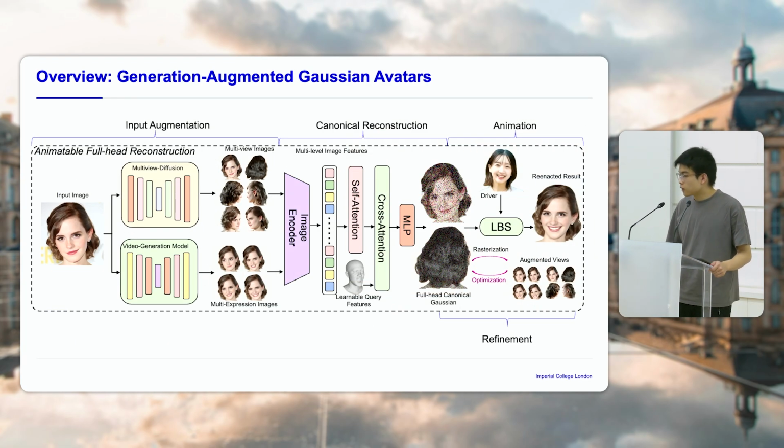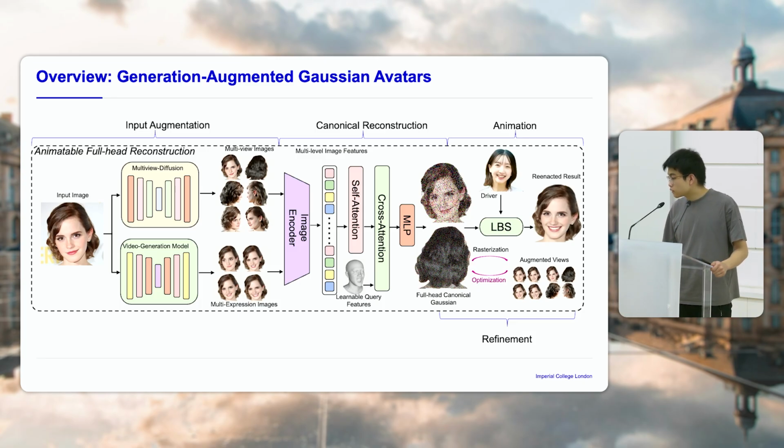This page is our pipeline. Given a single image, we generate multi-view and multi-expression observations. All the observations, that is, the generated images, are encoded and fused by the reconstruction branch. The output is an initial full-head Gaussian avatar in frame canonical space.